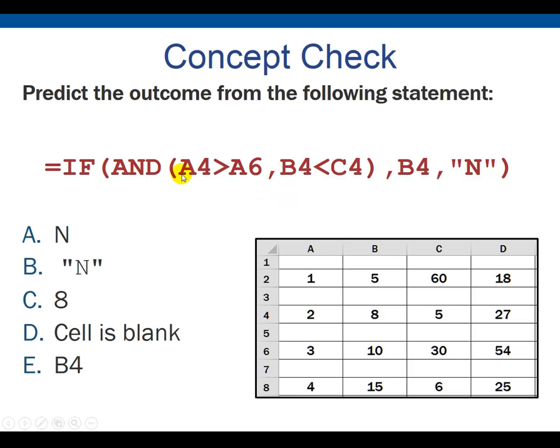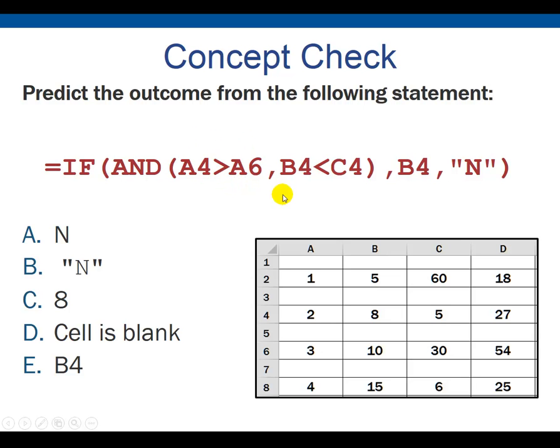Here we have the AND operator. So if AND, A4 is higher than A6, no, right? 2 is smaller than 3, so it's false, right? So as I said before, AND requires both of the two things to be true, then it's true. But if one of them is false, then it's false.